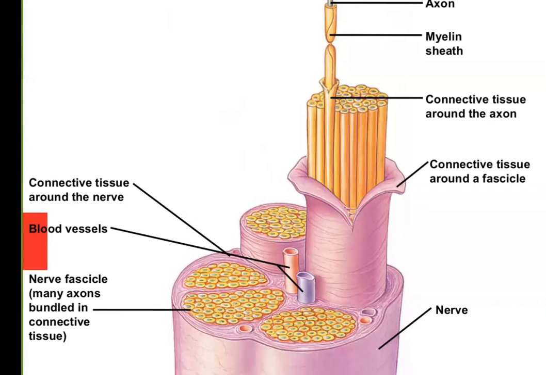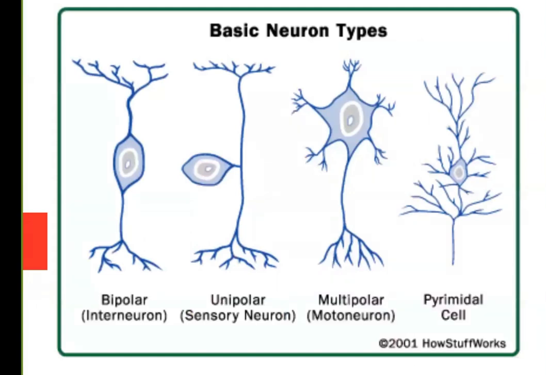And these many neuron cells, together with connective tissue and blood vessels, produce nerves, which, like a cable, consist of many isolated neural cells.